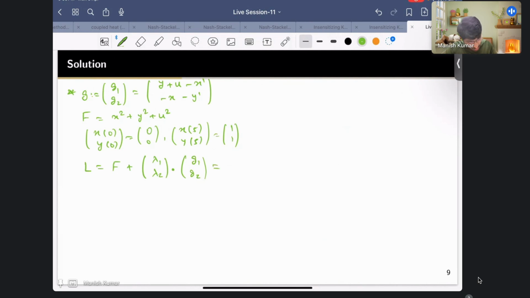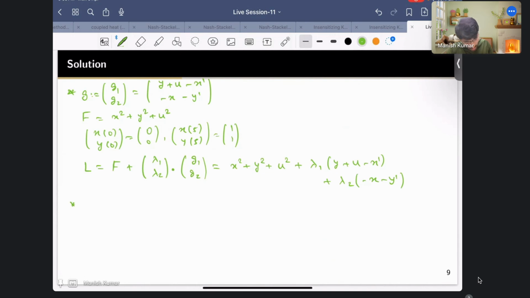So this is nothing but x square plus y square plus u square, plus lambda 1 times y plus u minus x prime, plus lambda 2 times minus x minus y prime. This is the Lagrange's functional.